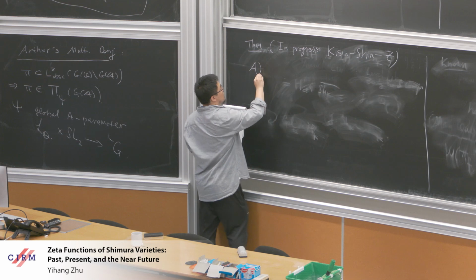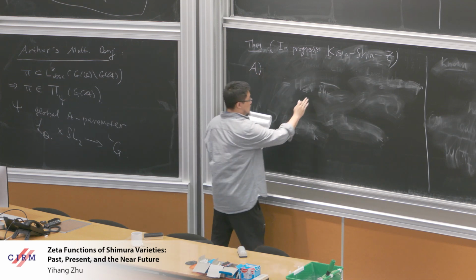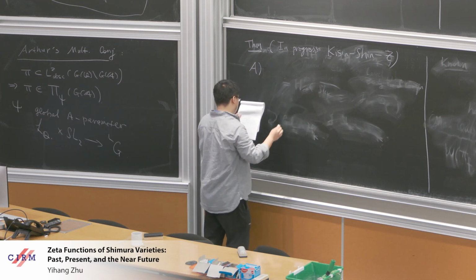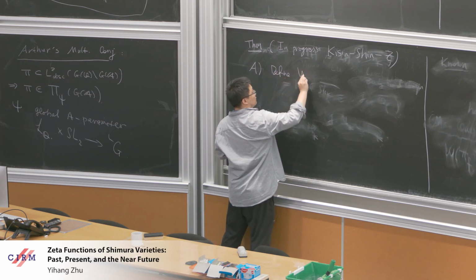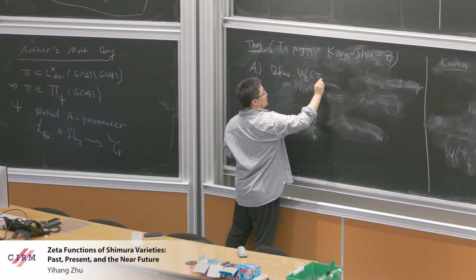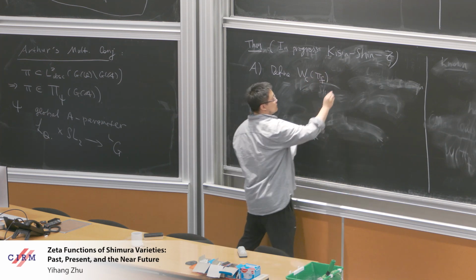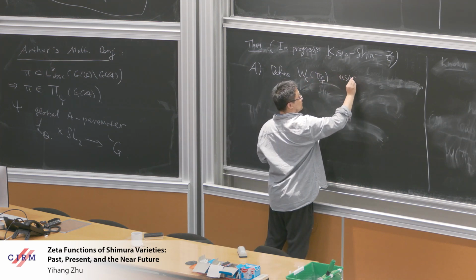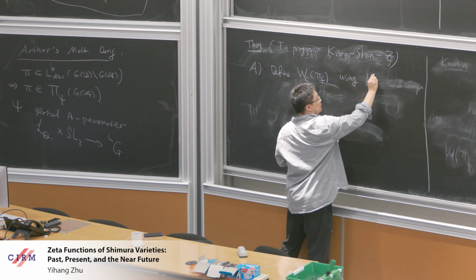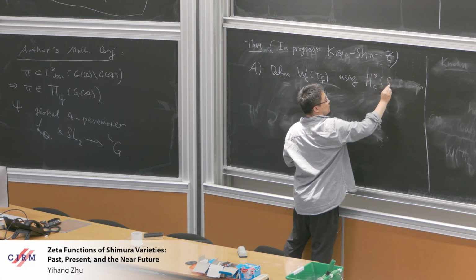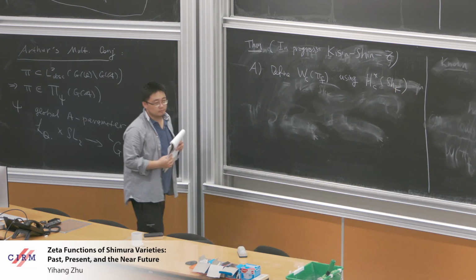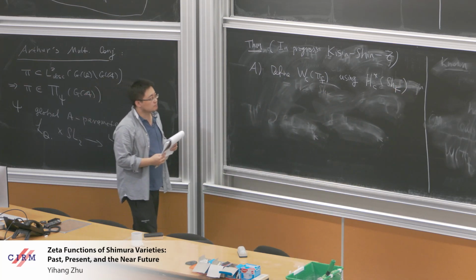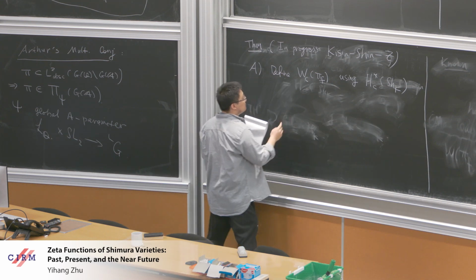So part A is, we define W sub C of pi f using the compactly supported cohomology instead of the intersection cohomology of the Baily-Borel compactification.